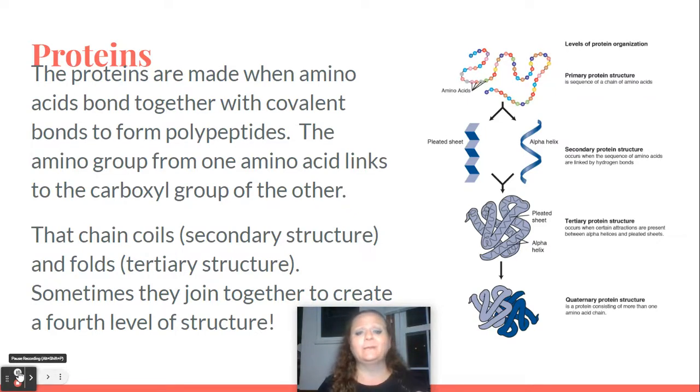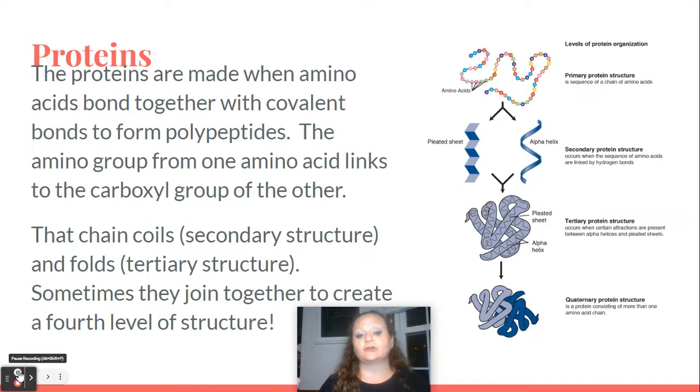Proteins are actually really, really complex. They are really, really specifically shaped, because without that specific shape, it's not going to do its job. Proteins have jobs to do, and those jobs are structural, or it could be as an enzyme, something that causes reactions to occur. All of this is really important when we talk about how our bodies function.